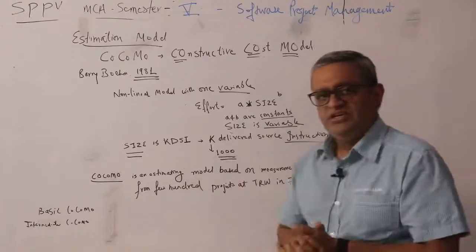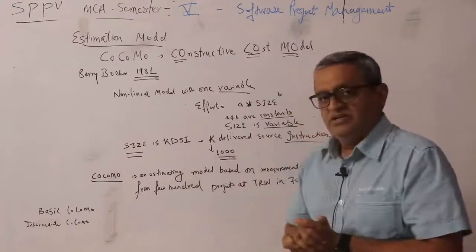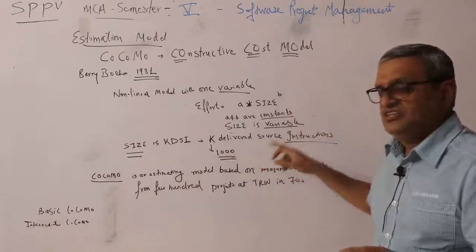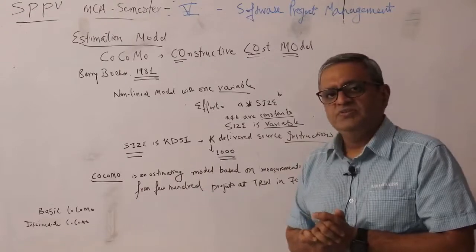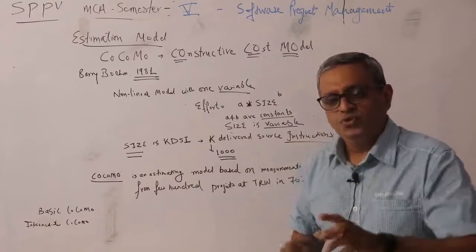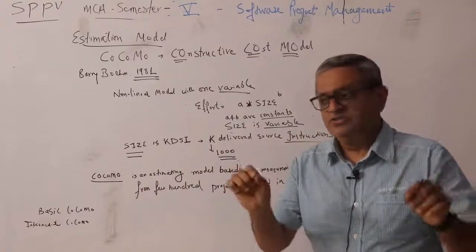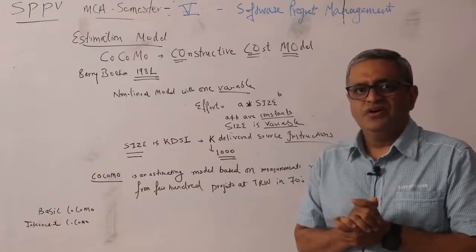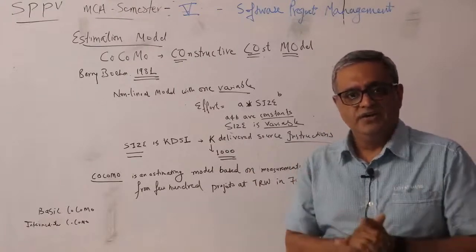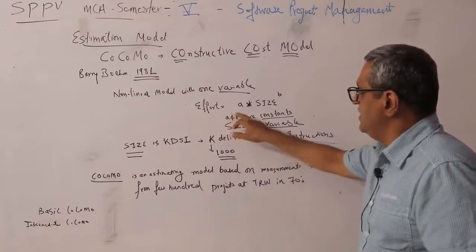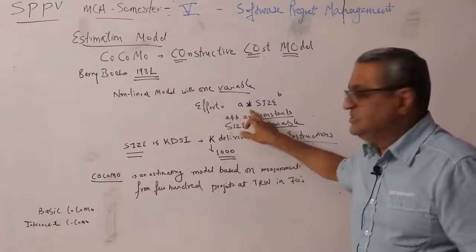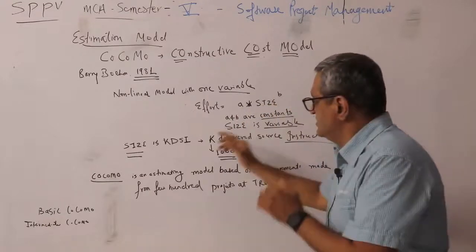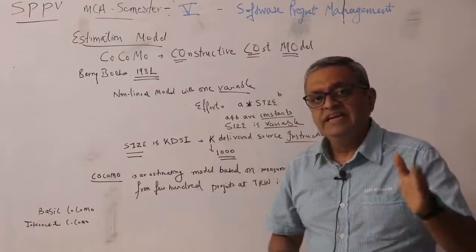Size is actually KDSI, kilo delivered source instructions. So it is nothing but lines of code in thousands. For example, if lines of code are 6500, then the formula will be A multiplied by 6.5 raised to B, because size is in KDSI.